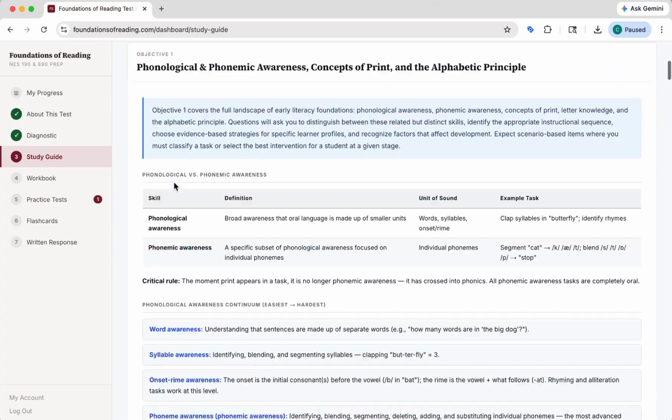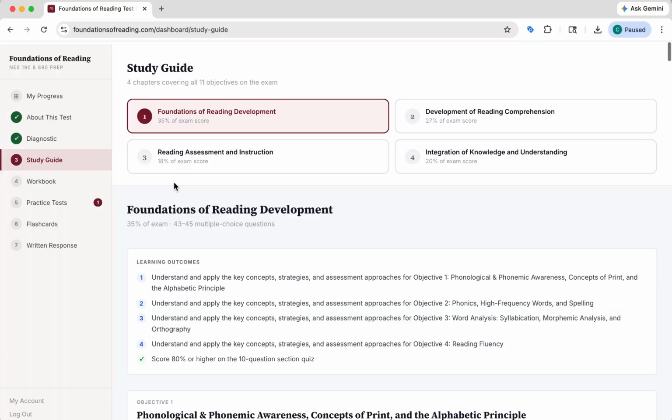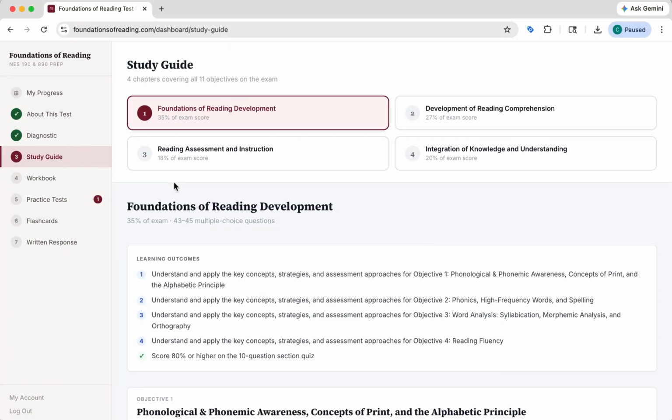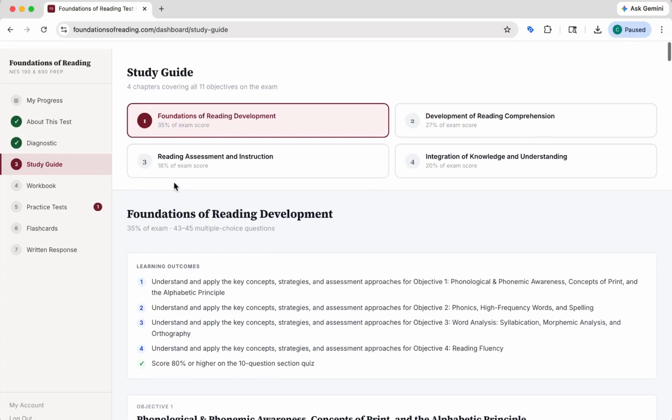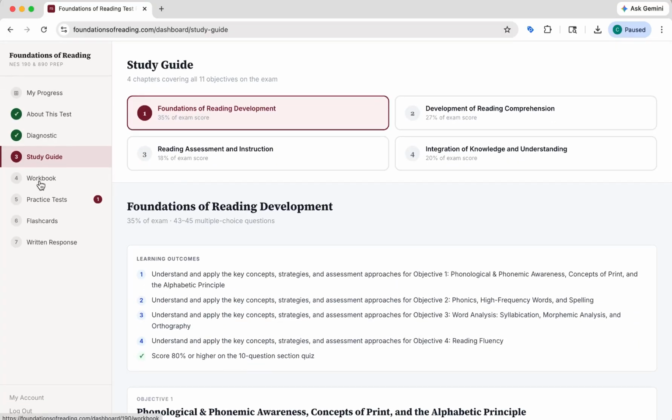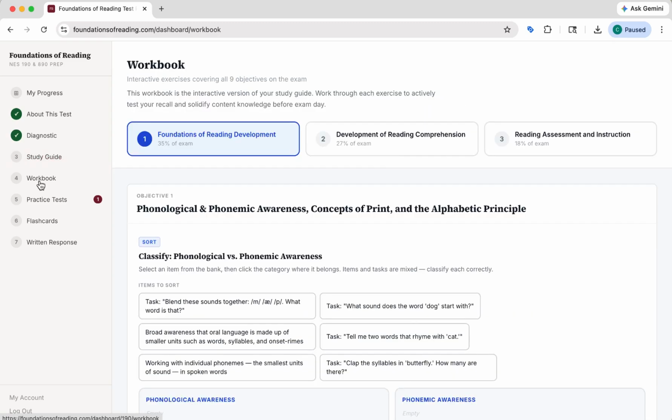And for us here at Foundations of Reading, we do not just want to give you all of the information you need. It's all right here, but we also wanted to cater to those types of learners, and we have them on our team, who are more kinesthetic workers, right? We learn by doing.